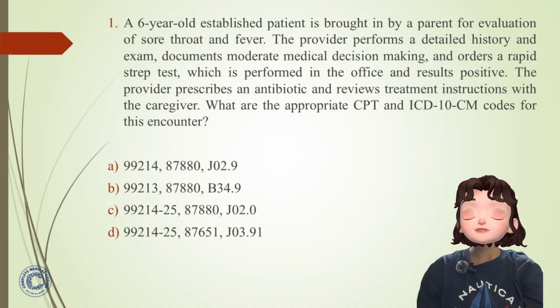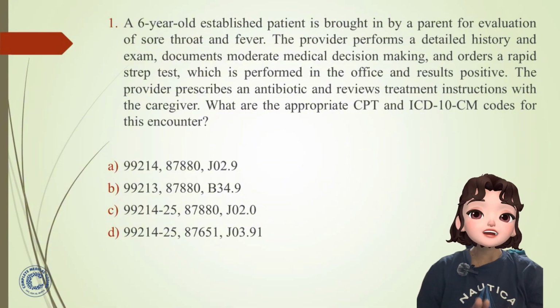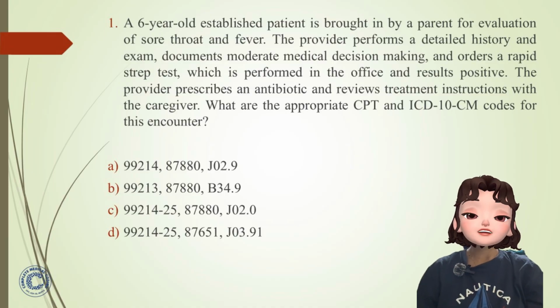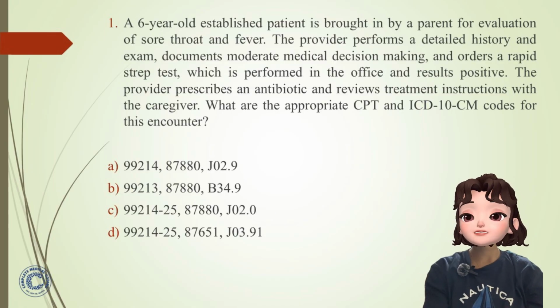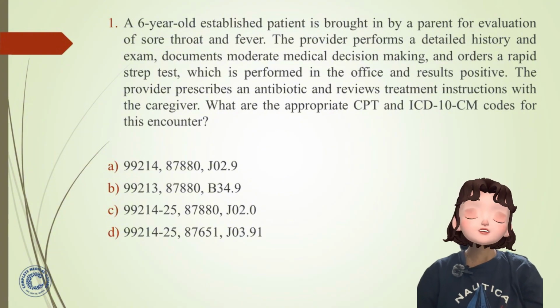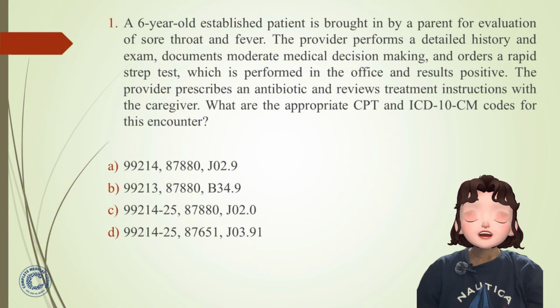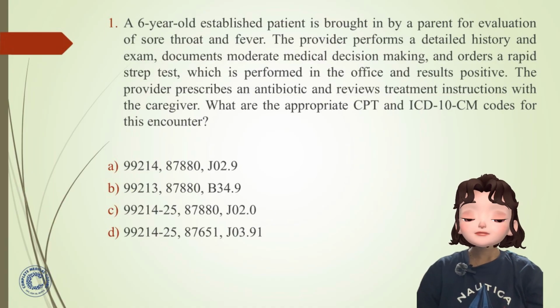So since the correct diagnosis is only in option C, the answer will be option C only, right? But you should still check the CPT code as well. So J02.0, streptococcal pharyngitis, is the correct diagnosis for this question. Let's go to the CPT code also.